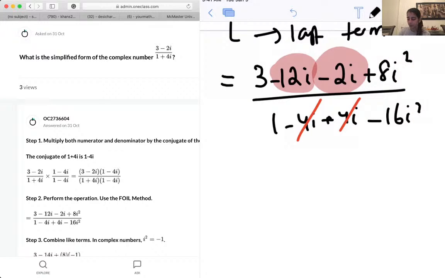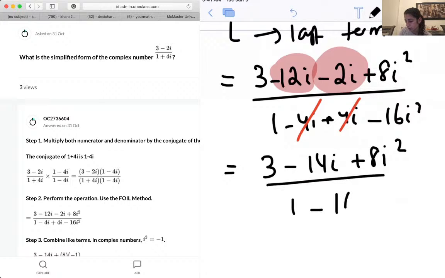Then we're left with 3 minus 14i plus 8i squared over 1 minus 16i squared.